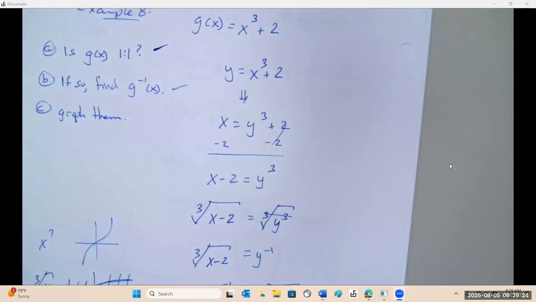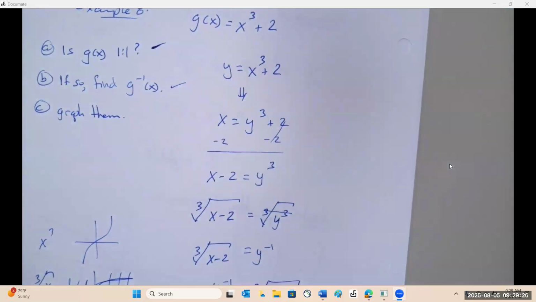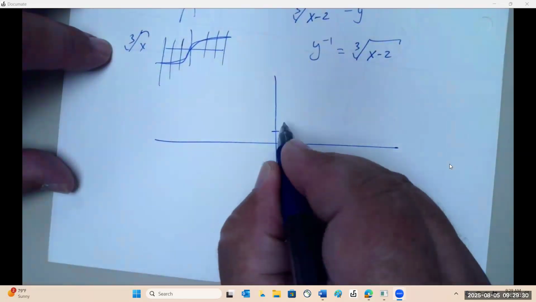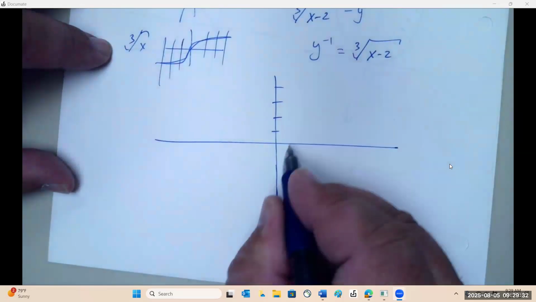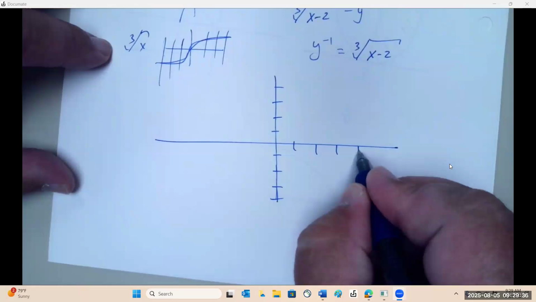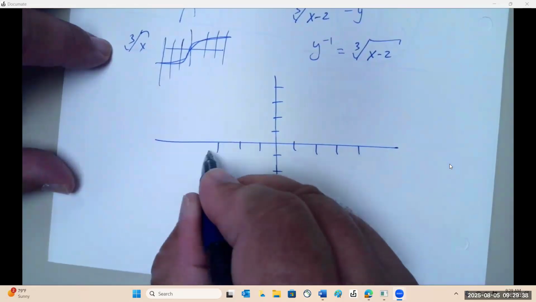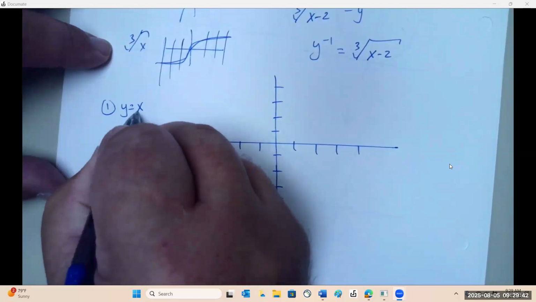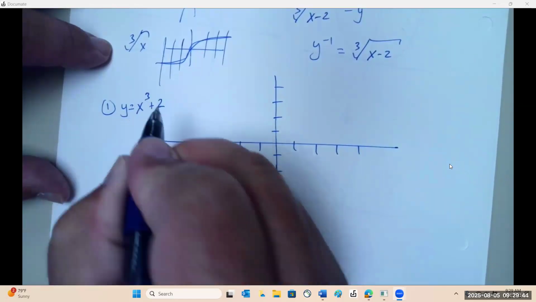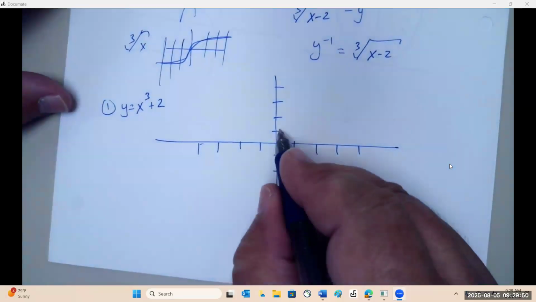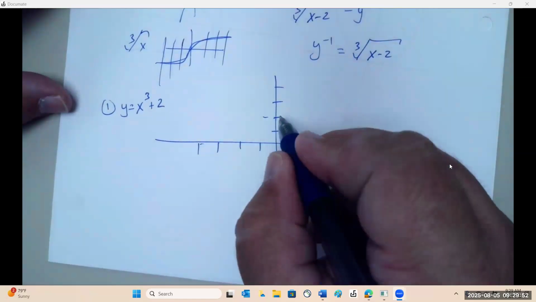x cubed plus 2. What's that going to look like? It's the cubic function shifted up 2 spaces. So here's my new origin for it.